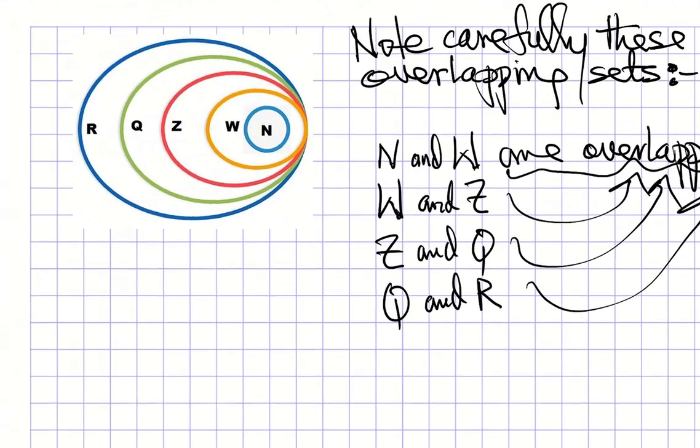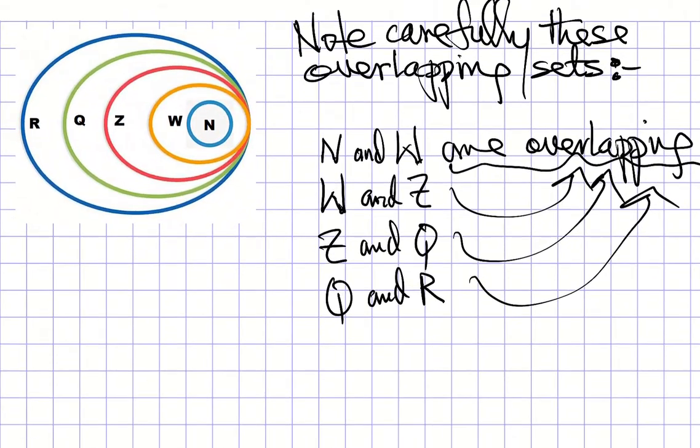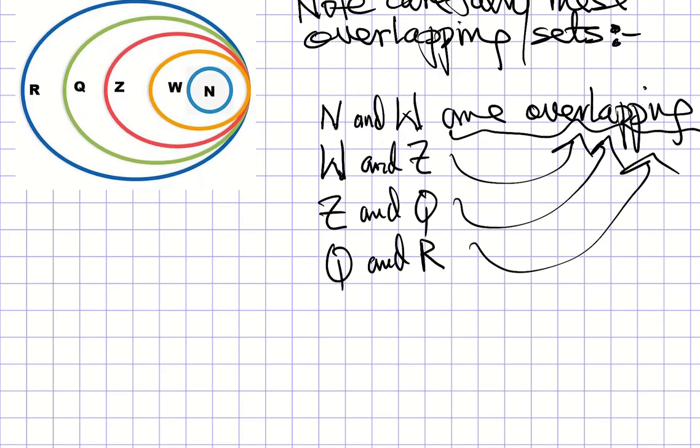But let me explain what they are. I will write them in full. That way you can see that they're overlapping. Notice that N is a set of counting numbers, continuing to infinity.